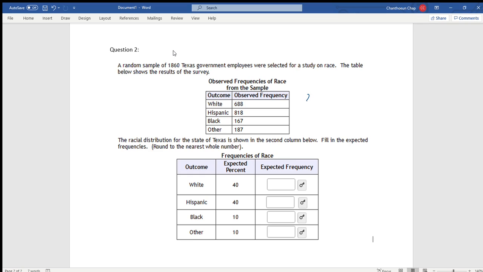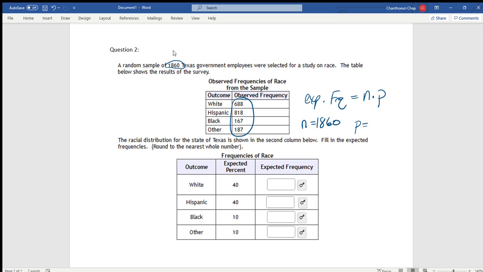Again, we'll rely on our formula. The expected frequency is equal to n times p. Here we have n is equal to 1,860. And if you were to double check, the total of all of these individuals should be 1,860.